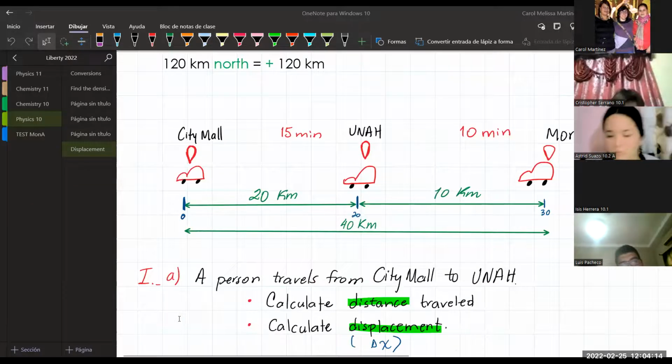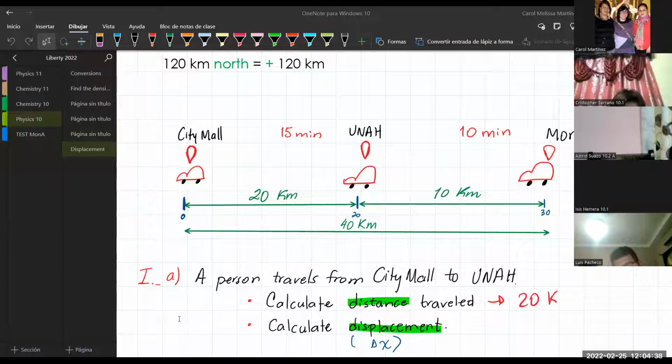In here, from City Mall to Una, it says there is a distance of 20 kilometers. So the person is going to travel a distance of 20 kilometers. I take that from the picture.